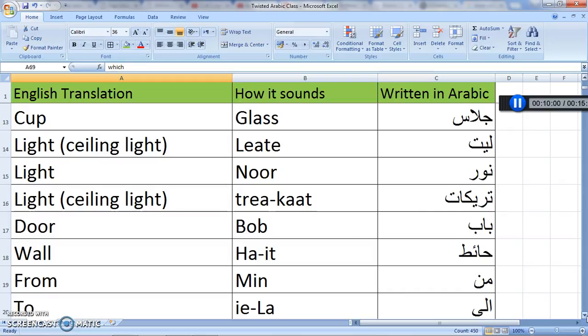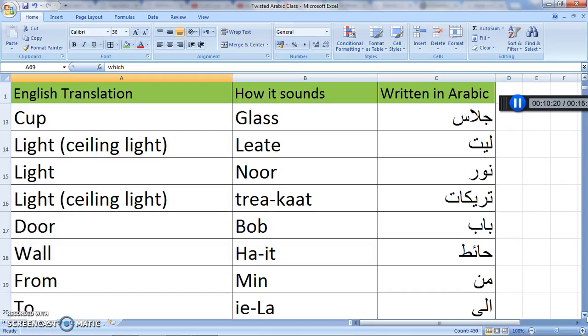Min, which is from. So I'm going from here to there. Min huna. Min is from. Huna is here. And as you see, under from we have two. Ila. Min ila.